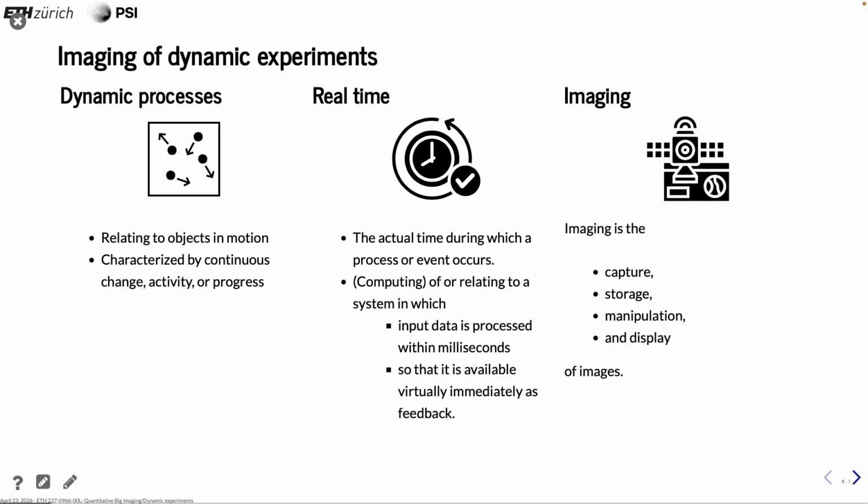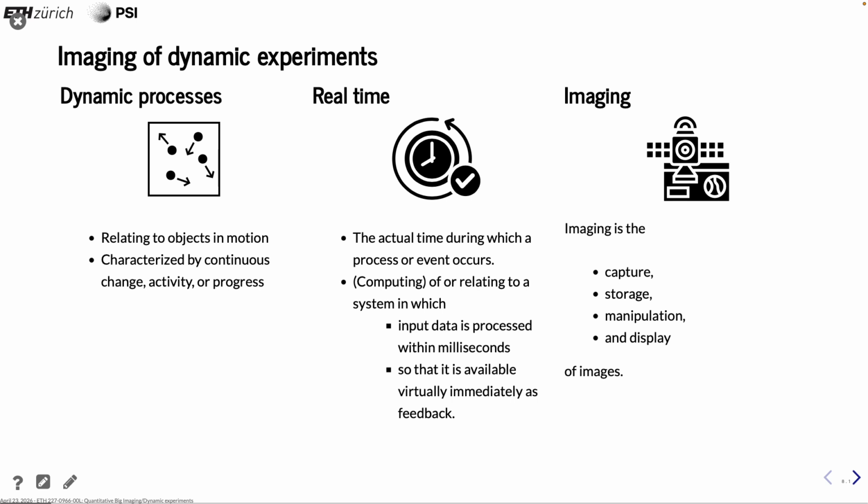So the imaging of dynamic experiments actually has 3 different components. First of all, we have a process that we want to observe, and it could be relating objects in motion, could also be characterization of some kind of continuous change. Could be that things are growing, shrinking, changing shape ratio, something like that.